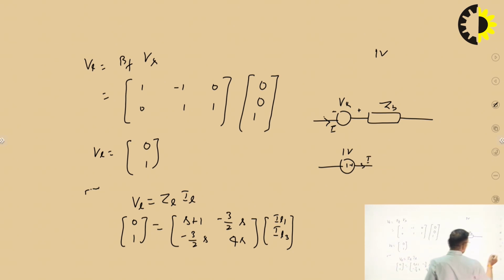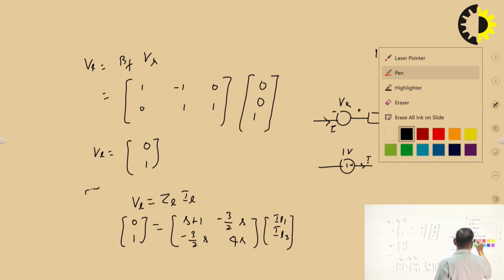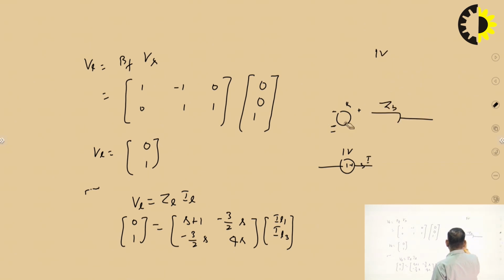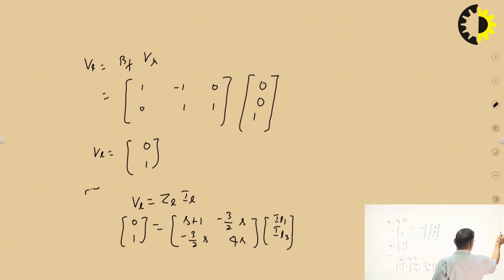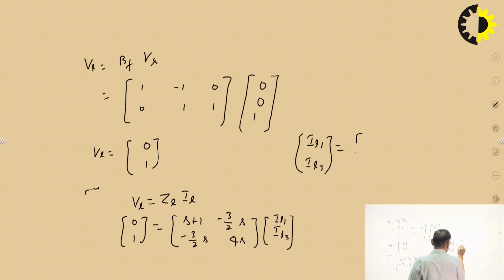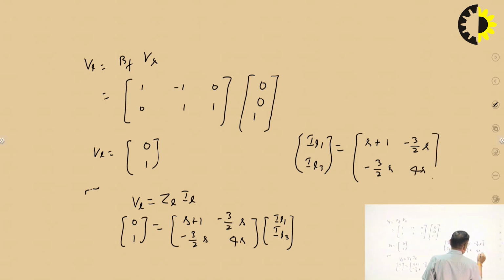So IL, that is IL1 and IL3, is nothing but s plus 1, minus 3 by 2s, minus 3 by 2s, 4s, inverse, into 0 1.